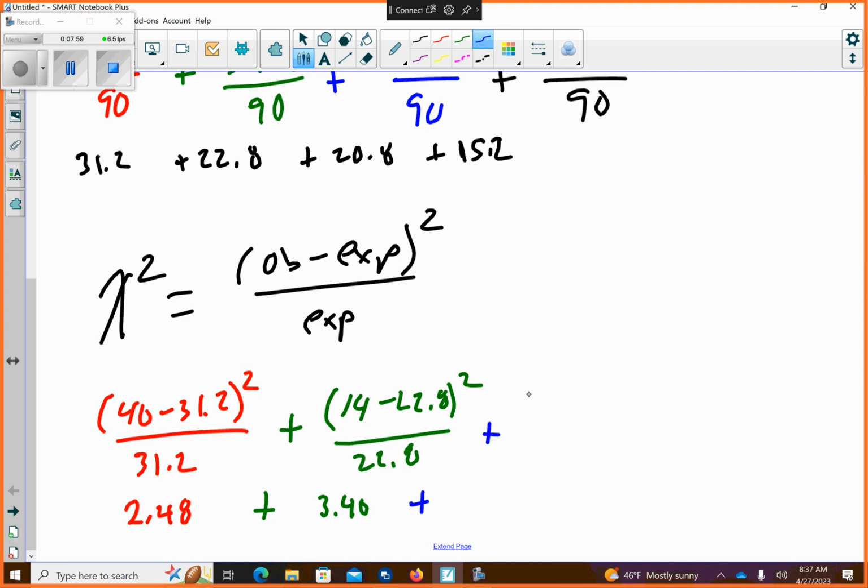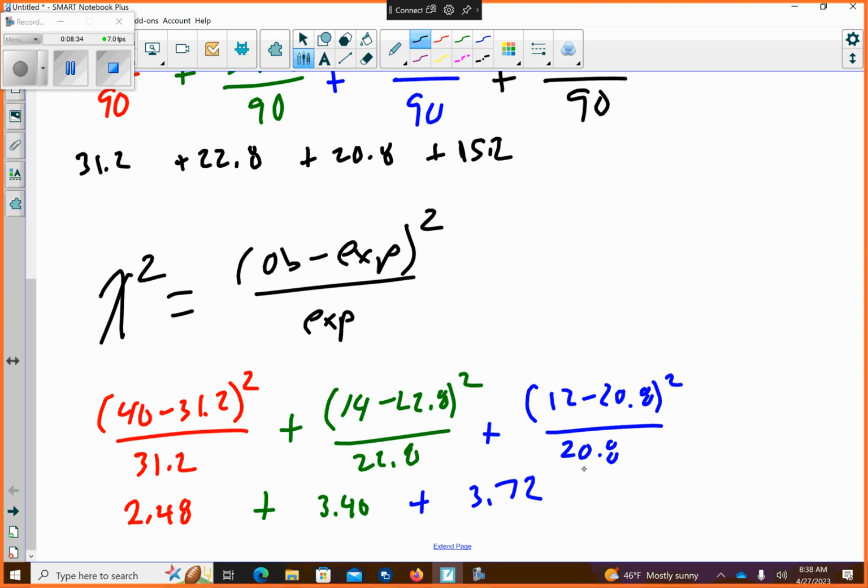Then the blue is going to be 12 minus the 20.8 quantity squared over the expected. So 12 minus 20.8 comes out to 8.8, squared, divided by 20.8, 3.72.